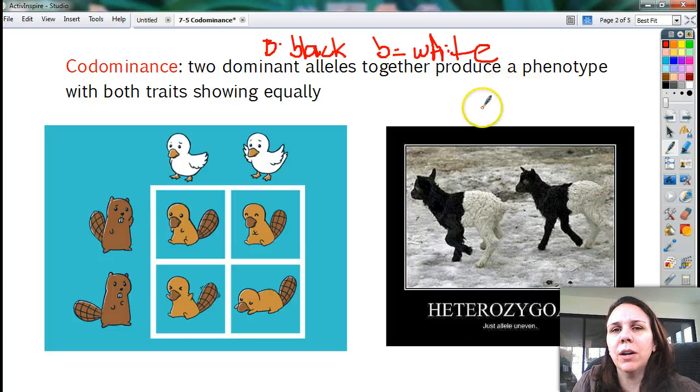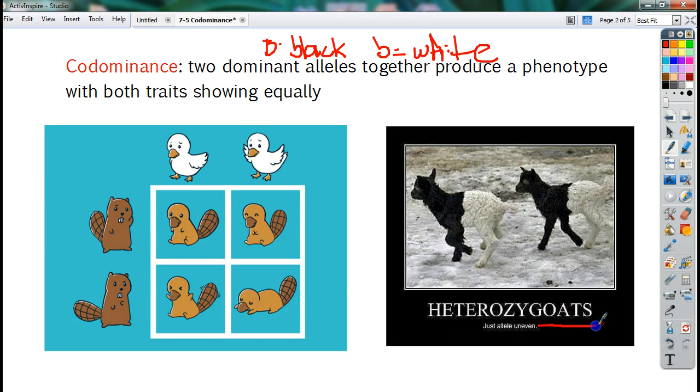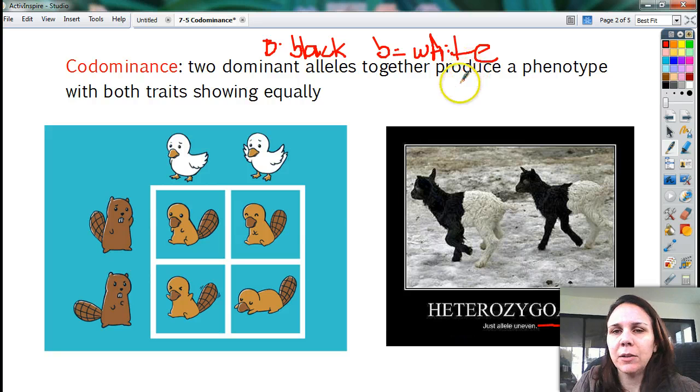But in codominance, what happens is the heterozygote, get it? Heterozygote. What happens there is that big B is black, big B little b is black and white, and little b is white. So the heterozygote happens to be a little bit of both.